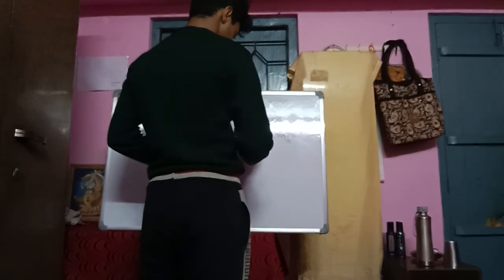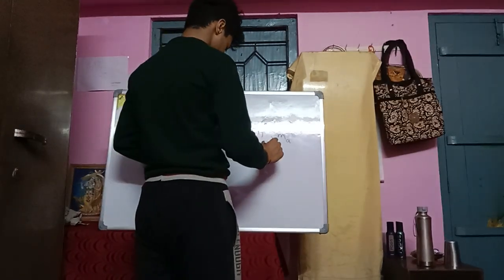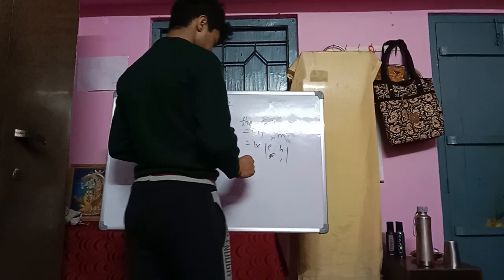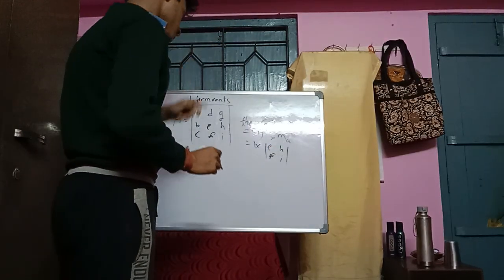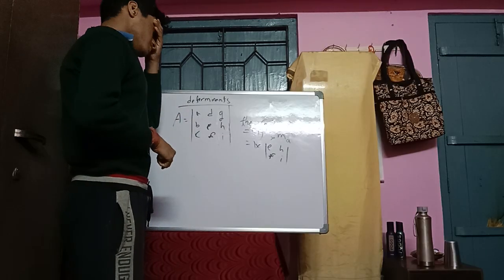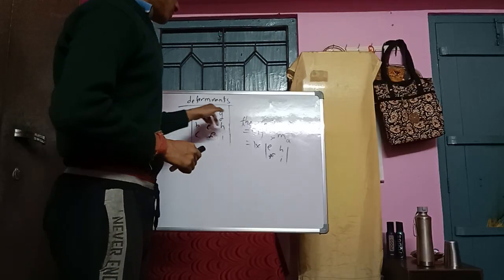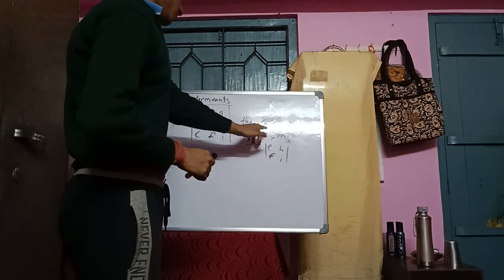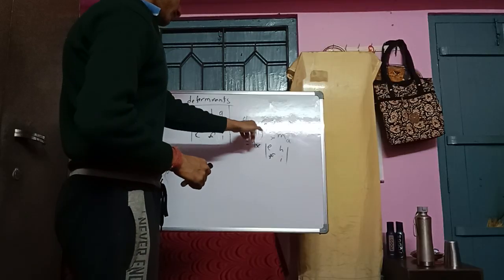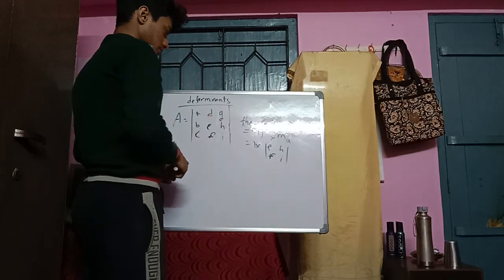That is going to be just 1 times the minor of A, that is E F H I. Okay? So the cofactor of D would be -1 to the 1 plus 2, since D is in the first row and the second column, times the minor of D. Okay?